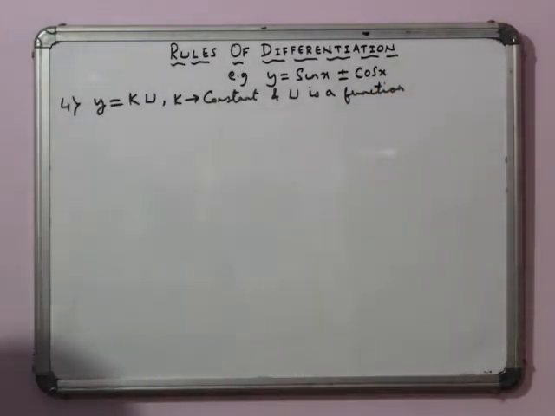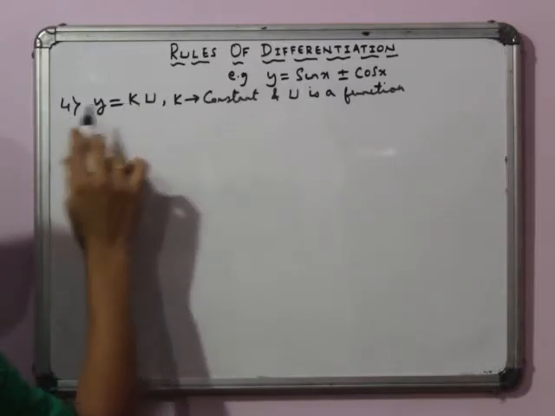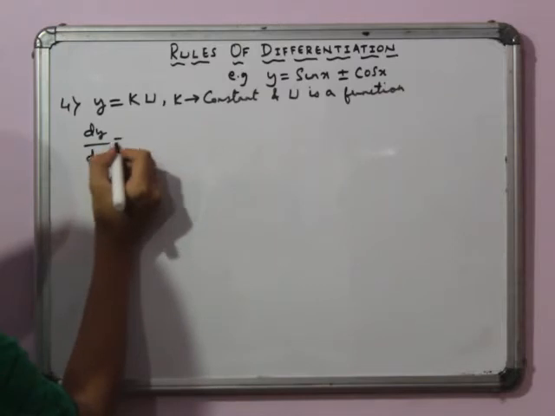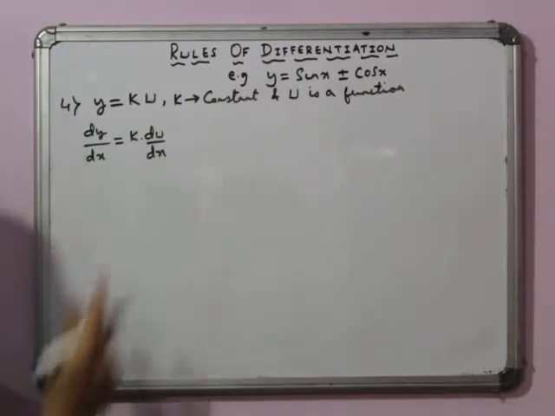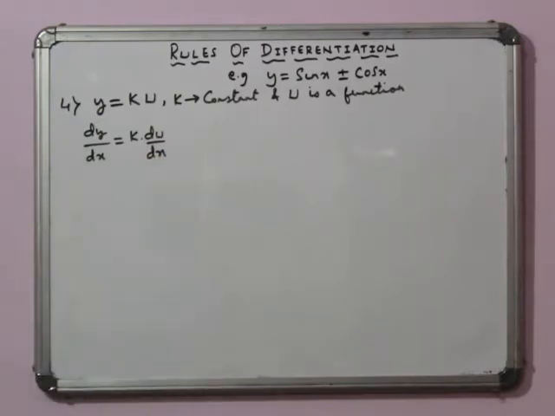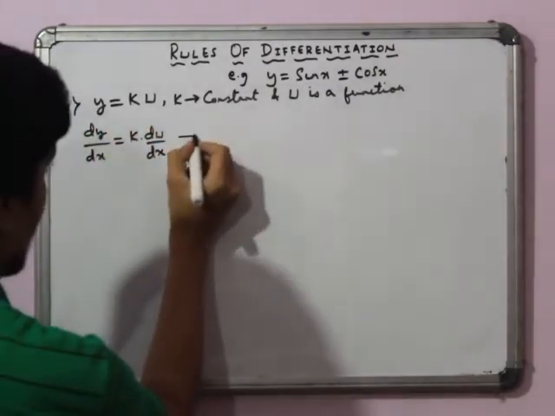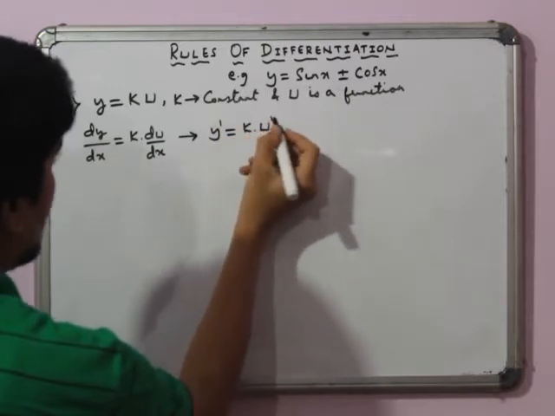If y is equal to constant into function, the derivative is given by dy by dx is equal to k into du by dx. So it is nothing but the derivative of a constant into function is nothing but constant into differentiation of function, that is du by dx. This can also be written like this: y dash is equal to k into u dash.